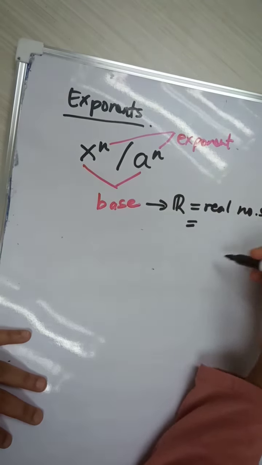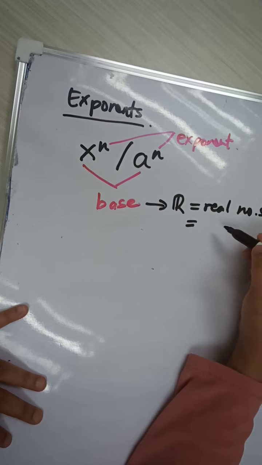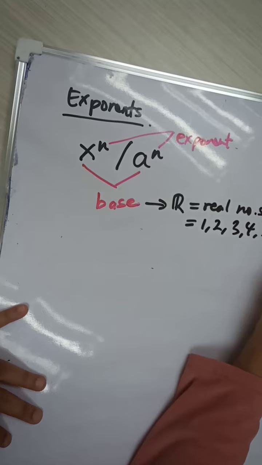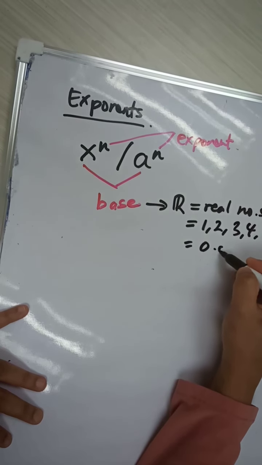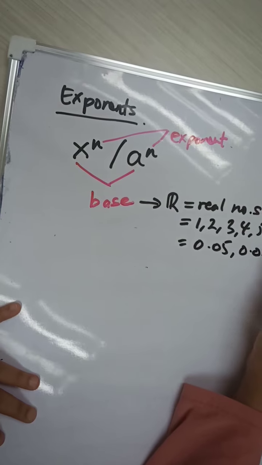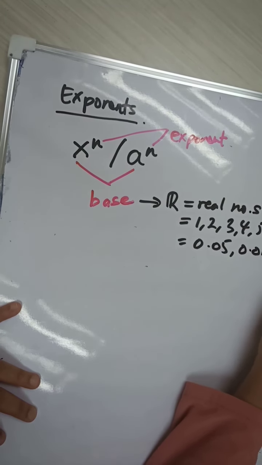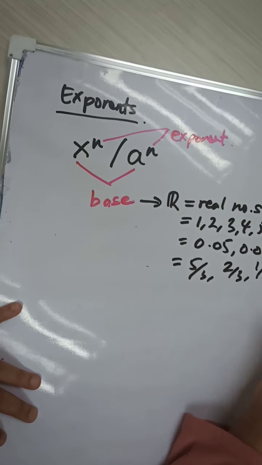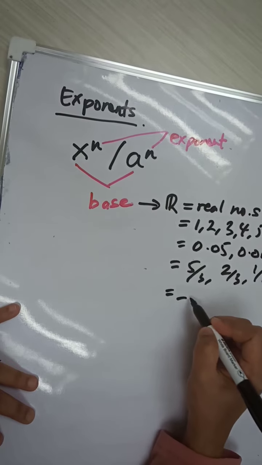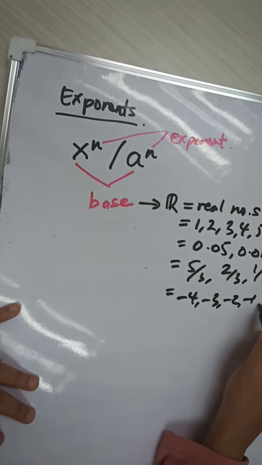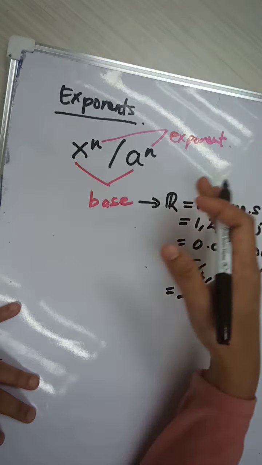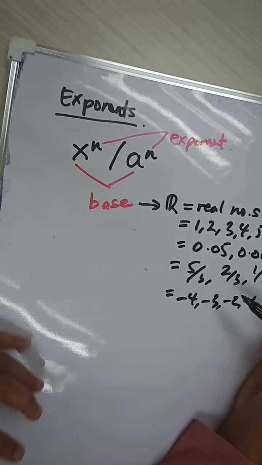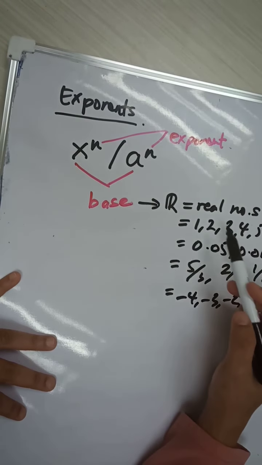To sum all of this up, we have the numbers that we can count, for example 1, 2, 3, 4, 5 and so on, we have decimals, for example 0.05, 0.01 or negative 0.5, and also we have fractions, and also negative numbers and including zero. All of these we call real numbers. It includes prime numbers, whole numbers, and we can put all of this into real numbers.